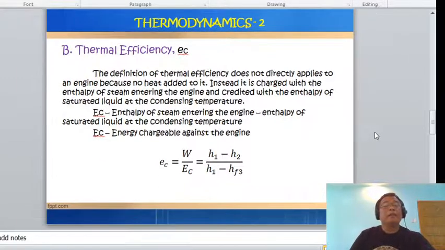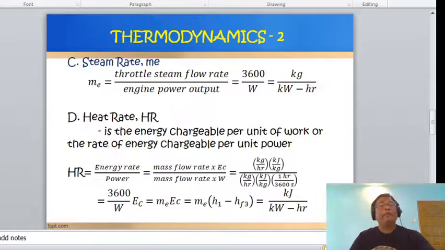Next, we have here the steam rate. Steam rate is equal to the total steam flow rate divided by the engine power output. Take note that the unit of the steam rate is in kilogram per kilowatt hour. The engine power output is in terms of mass multiplied by the change in enthalpy, which is in kilojoules per kilogram.